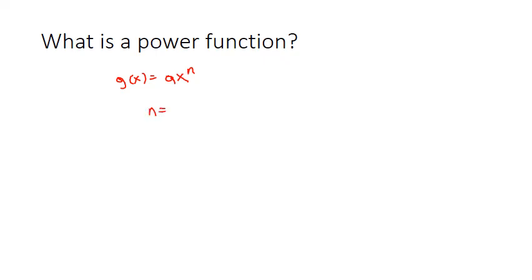The n in this case, again, we said was the power. And the a was the constant. We call it the constant of variation.